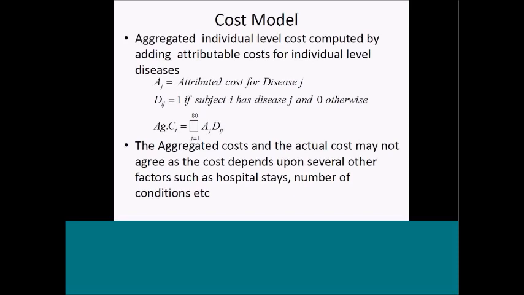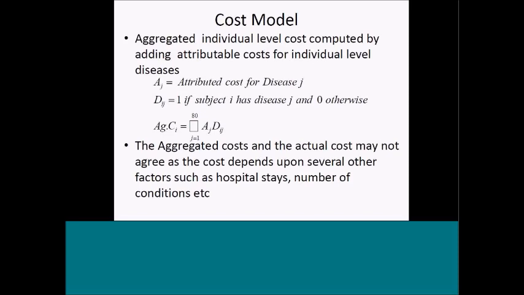You can add up, over all the dummy variables the person has, the associated cost, and that's the total cost. That's the aggregated cost. Now how comparable are the aggregated costs that we got by adding the individual costs with the actual costs that they reported or derived from various sources?